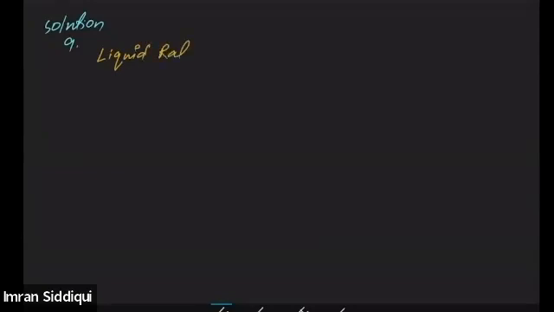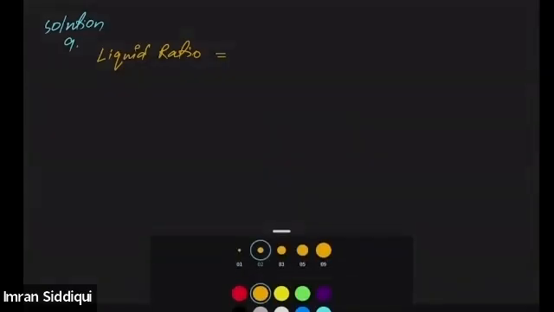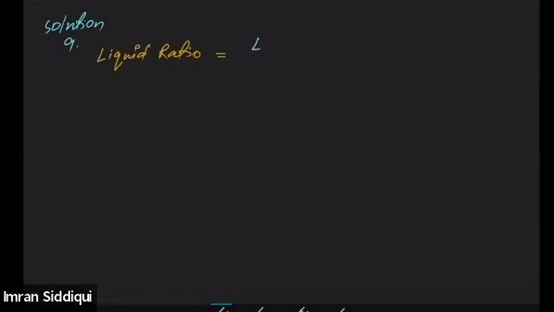Liquid ratio or quick ratio equals liquid asset divided by current liabilities.